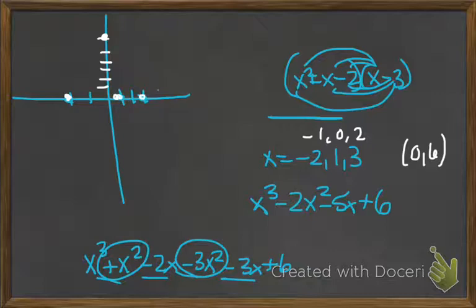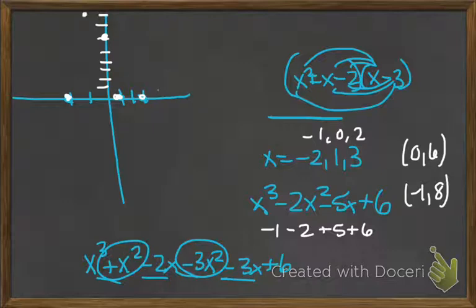Alright, and then if I plug in negative 1, negative 1 cubed is negative 1, that's positive 1, negative 2, plus 5, plus 6, 11, 8, so negative 1, 8 is a point. I also need to plug in 2.